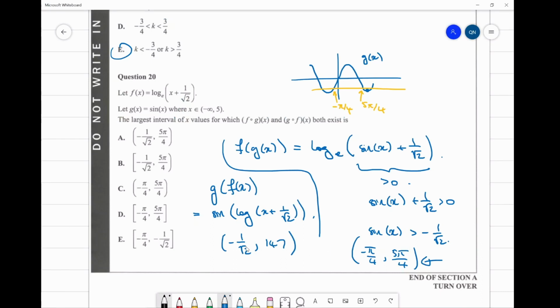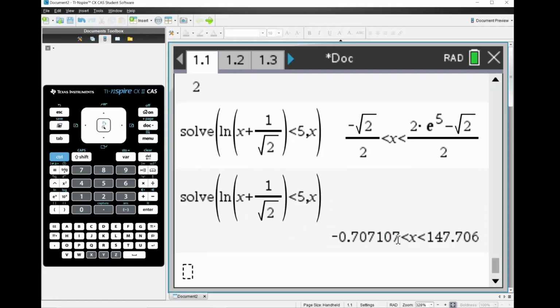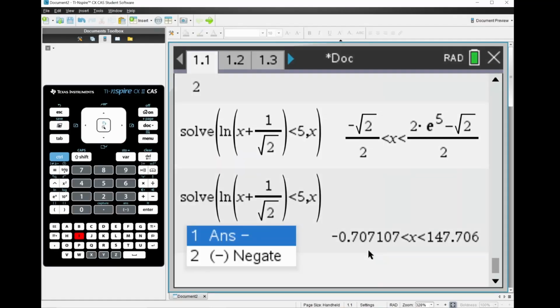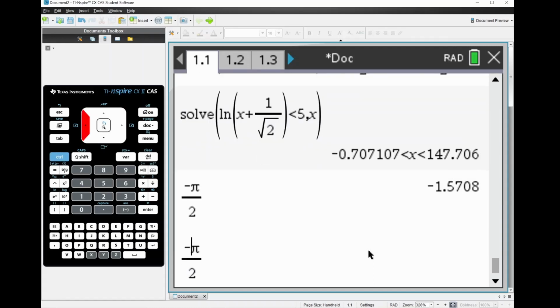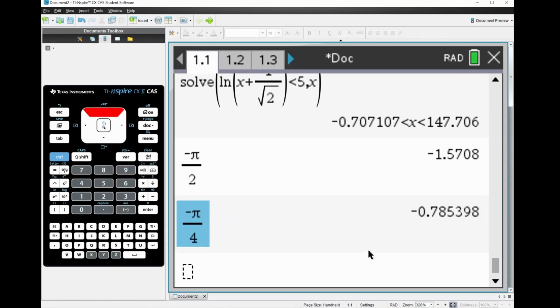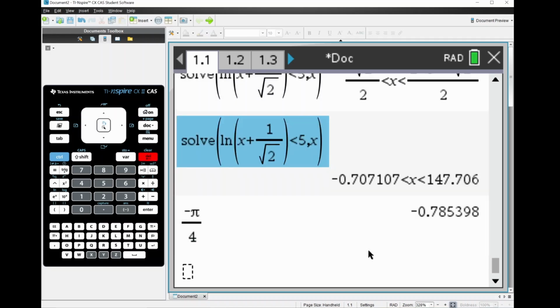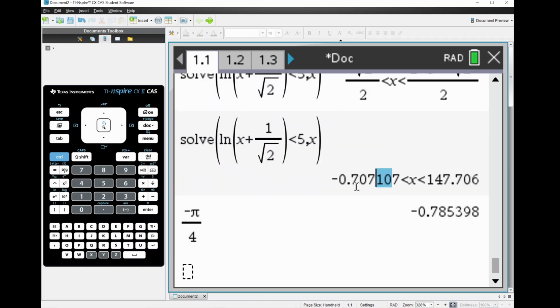So it's going to be -1/√2, because -1/√2, I think this is greater than -π/4. Let's just test that. Oops, we have -π/4, that's π/2, what am I doing? -π/4, that's 0.78. So this is greater, -√2/2 is greater than -π/4.